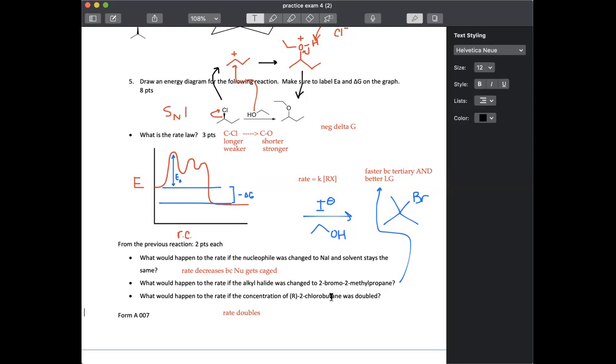She'll only ask a question where you change just one variable. And even if you change two variables, they're going to change the rate in the same manner. Here we changed two variables, but both of them increase the rate. Cool.